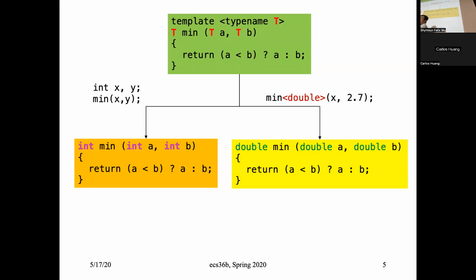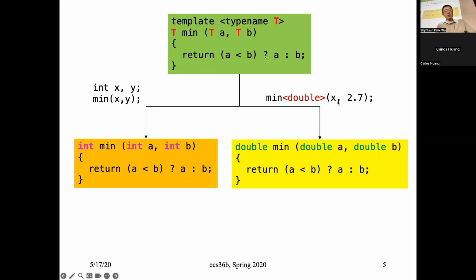Any questions with this example? Okay. We are passing the type as a parameter to the compiler to generate the code. But see, you have three parameters in this line. Double is a parameter that's going to be consumed by the compiler.